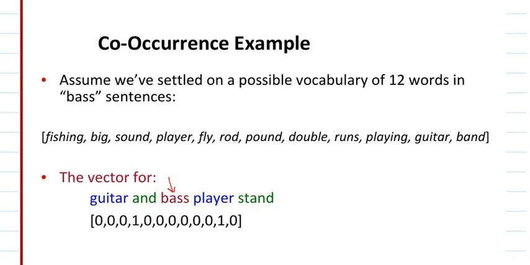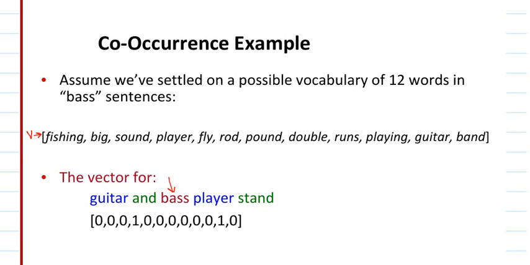And suppose this is the vocabulary set present in the corpus: fishing, big, sound, player, fly, rod, pound, double, runs, playing, guitar, band. We have removed the stop words, the functional words, and the words that do not carry any meaning in the sentence. So we are just left with the nouns and the verbs.